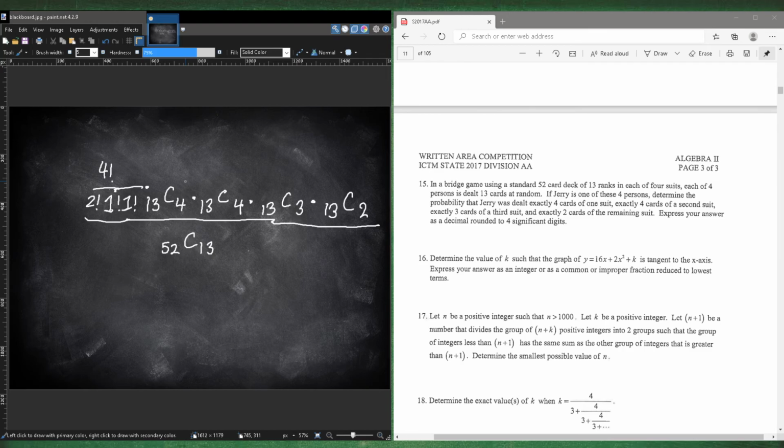And then we have this entire number divided by 52 choose 13. And we should get a decimal to 4 significant figures of about 0.2155. And that's your answer for number 15.